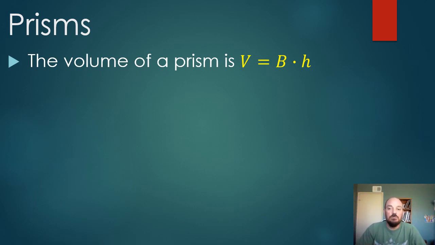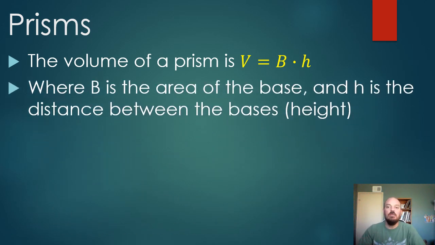So first thing we'll do is volume. Volume of a prism, where it looks like a very simple formula. Volume equals B times H. Now the problem is capital B stands for the area of the base. And depending on what the shape is, that's a completely different question. If the base is a triangle, we use 1/2 base times height, like we did last section.